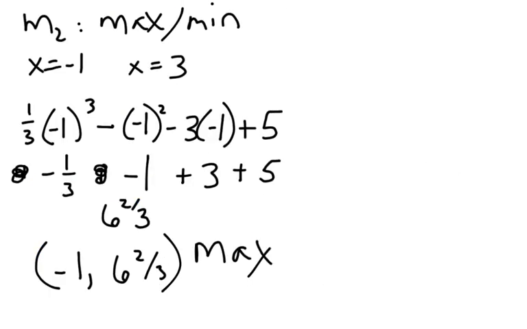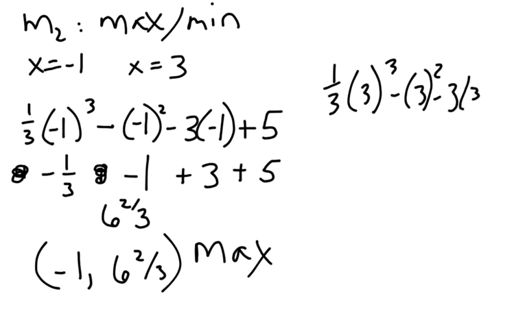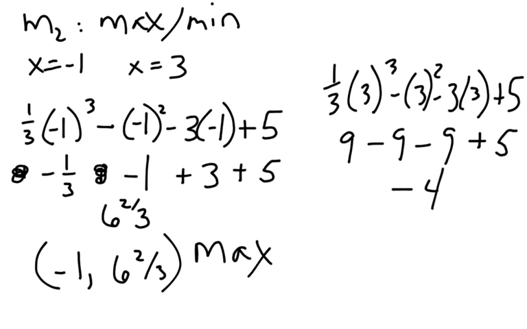So we have a minimum when x equals 3. We just need the y that goes with it. And that's going to be 9 minus 9 minus 9 plus 5, which is -4. So the minimum is going to be at 3, -4.